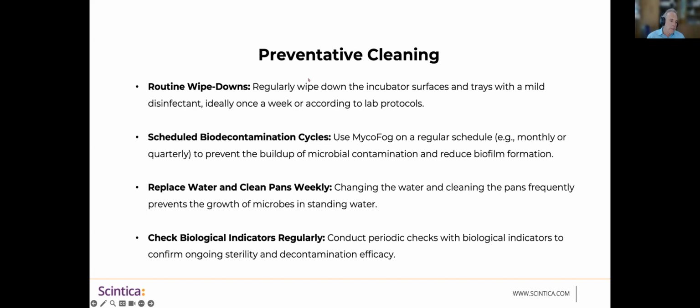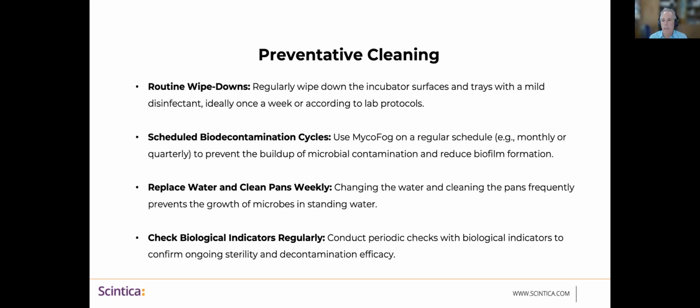The next broad category of cleaning is preventative cleaning. And here, instead of waiting for a contamination to happen before you clean your incubator, you do this on a regular basis in order to prevent those potential contaminations. And this means routinely wiping it down.